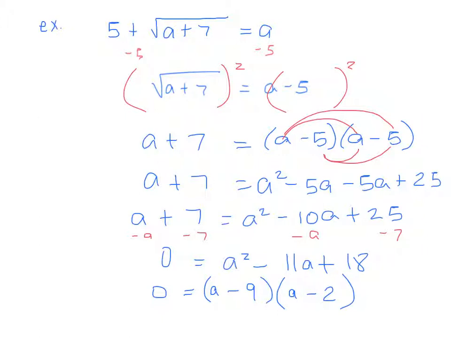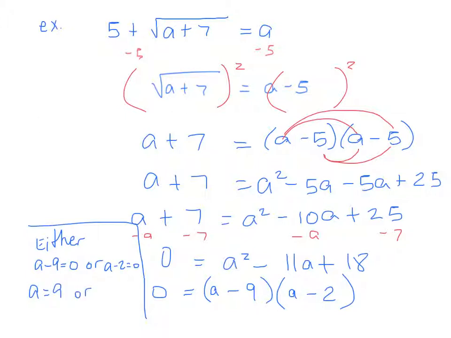So let's write that down. Either a minus 9 is 0, or a minus 2 is 0. Which means that a is 9 or a is 2. And if we do a check, we'll see that both of these work.